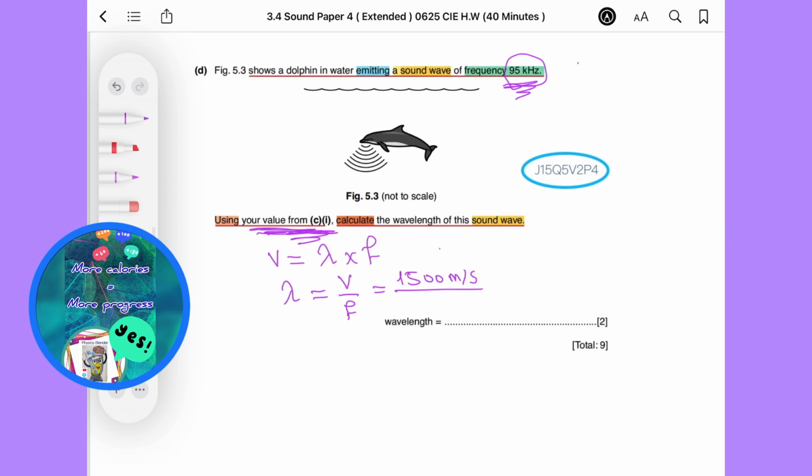So to convert kilohertz to hertz, you know that the prefix kilo is equivalent to 1000, which is 10 to the power of 3. So you have to write here 95 times 10 to the power of 3 hertz. When you substitute, your final answer will be 0.0157 meters.